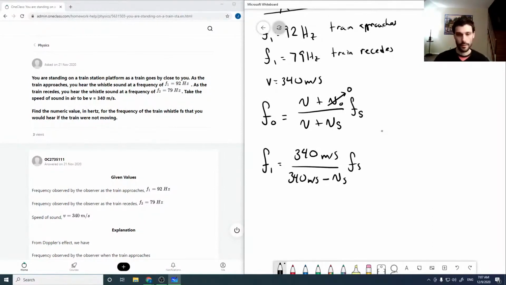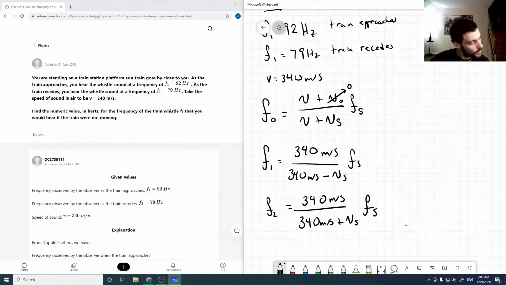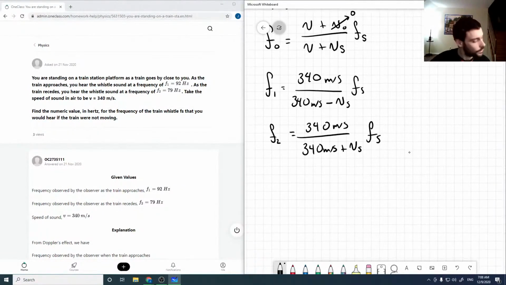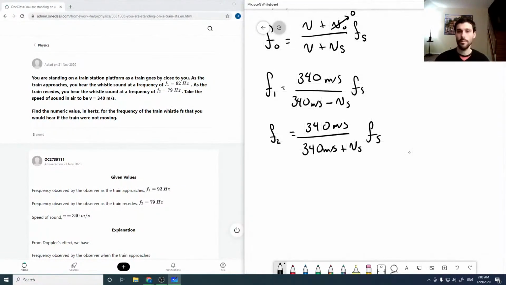And then as it recedes, it's going to increase the apparent speed of the wave. So it'll be a plus. So now we can figure out the speed of our source by taking our two equations.